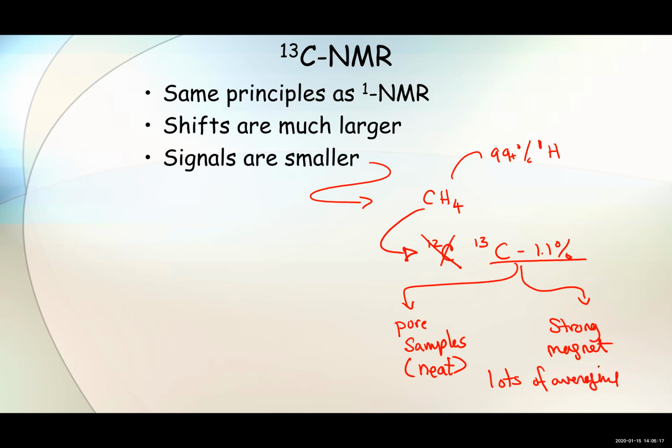So we're going to do carbon NMR this semester in the lab. The only time we're ever going to do it is when we produce a pretty concentrated sample. And then we can do it. It only takes like 2 or 3 minutes maybe to run it. But yeah, the signals are a lot smaller because only 1% of the carbon is carbon 13.